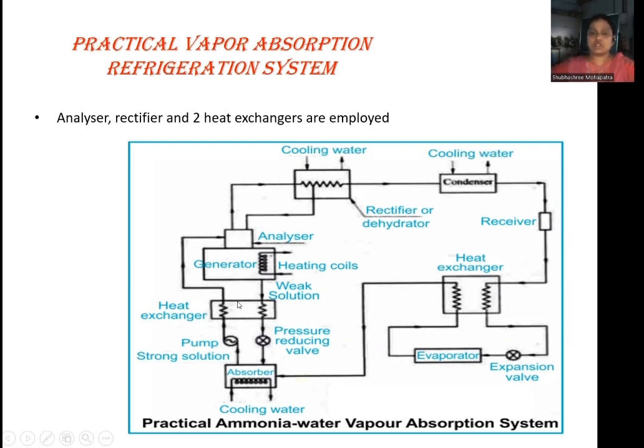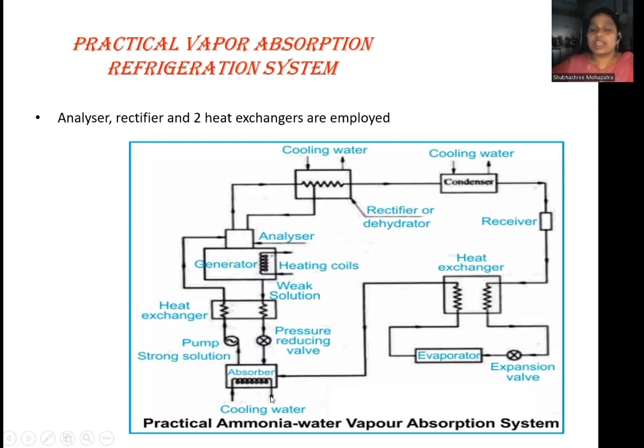With this, the strong solution will get heated and the weak solution will get cooled down a little. As the strong solution is heated here, less heat will be required at the generator. And as the weak solution is cooled down a little because of the heat exchange, the energy supplied for cooling the absorbent here will be less.